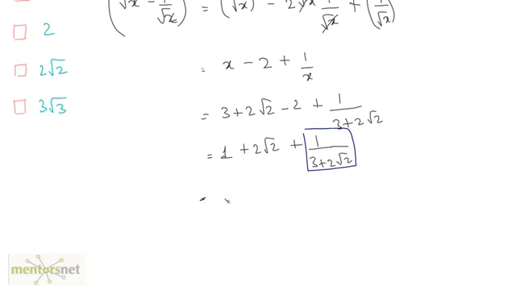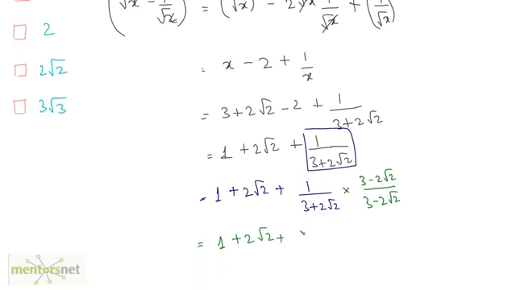So rest of the terms are as they are, 1 plus 2 root 2 plus 1 by 3 plus 2 root 2. I can multiply the numerator and denominator by 3 minus 2 root 2 by 3 minus 2 root 2. Essentially the value does not change. So the rest of the terms are as they are.